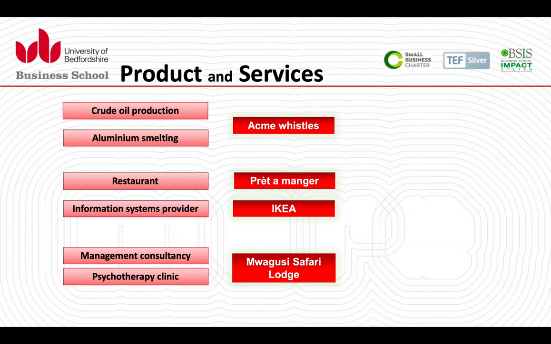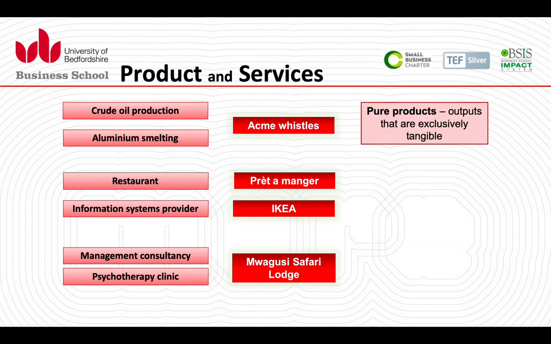And then we can see how on the left column we see that the different resources we have to transform. So the crude oil production, for example, aluminum smelting. So this is the one of the key components we are using, or the elements when we say Acme vessels, and how they produce it.